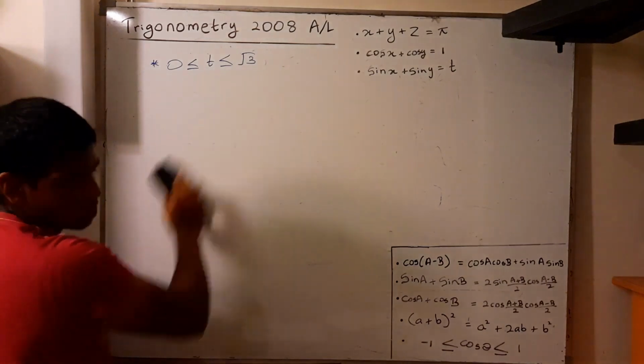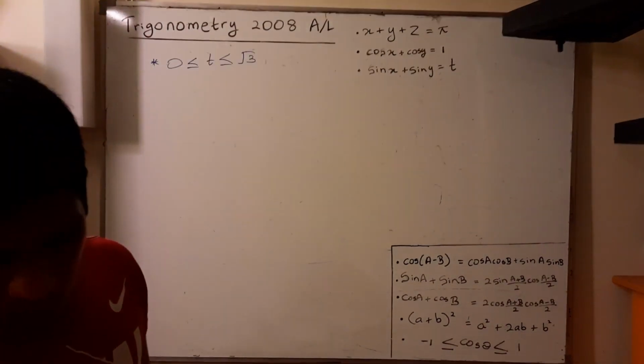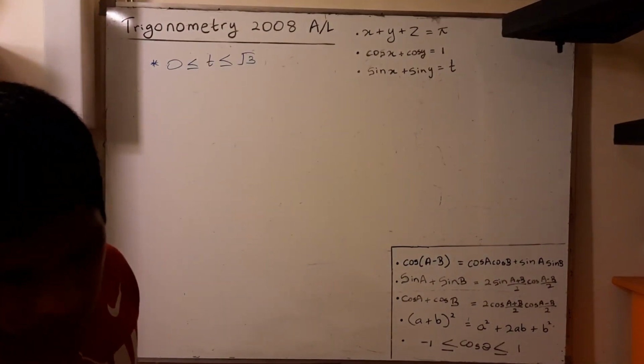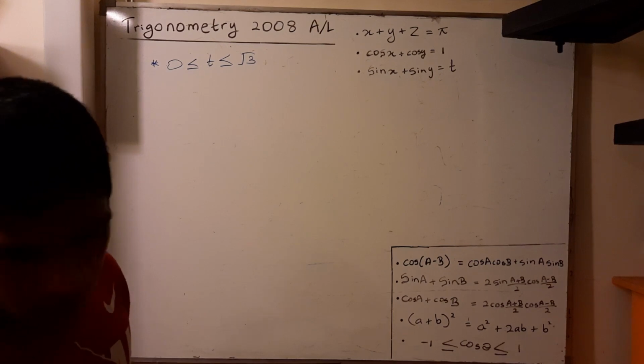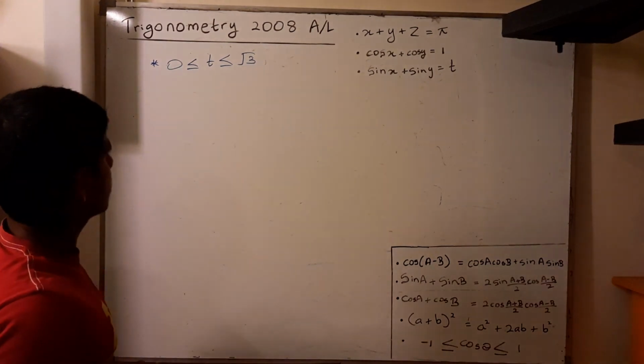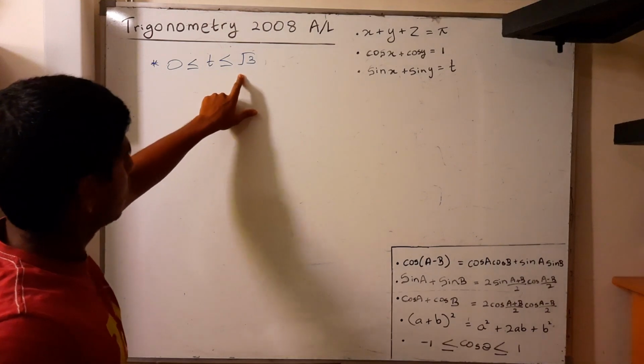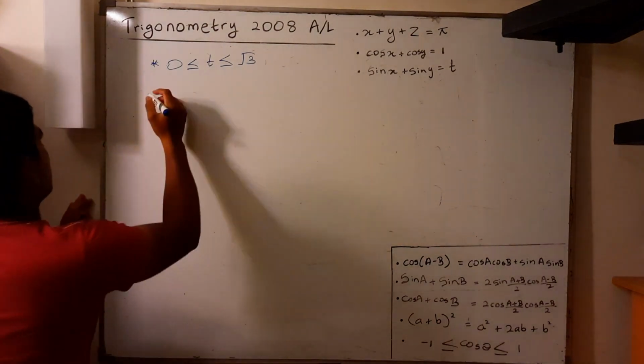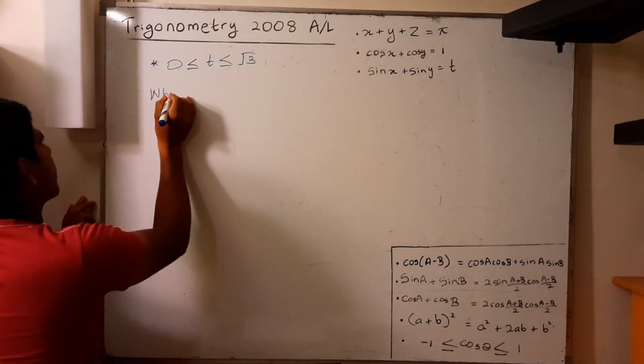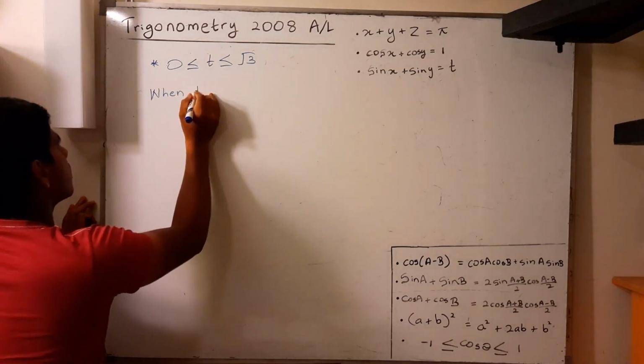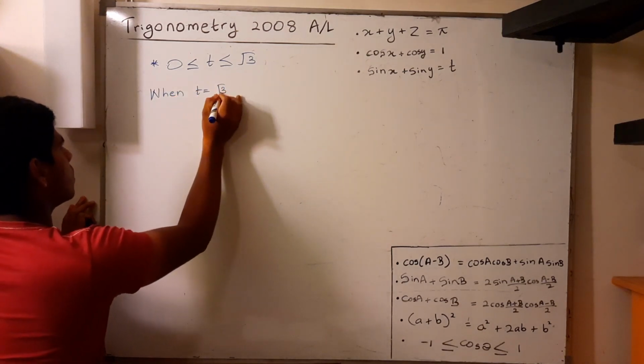So in the last part of the question, they say, hence find the values of x, y and z when t attains its maximum value. So through this, it's clear that t's maximum value is root 3. So now we can write when t equals root 3.